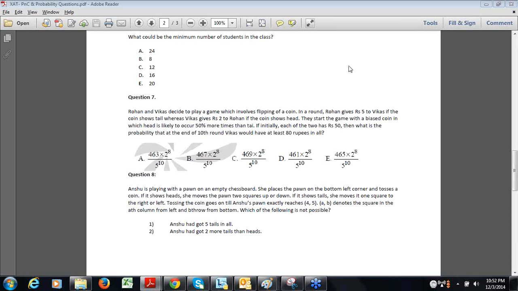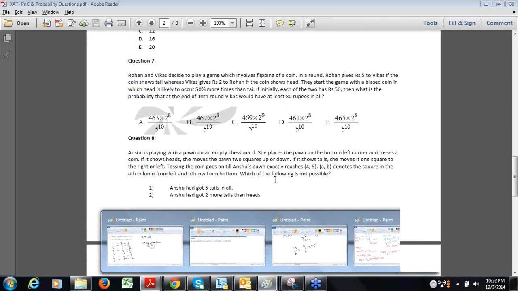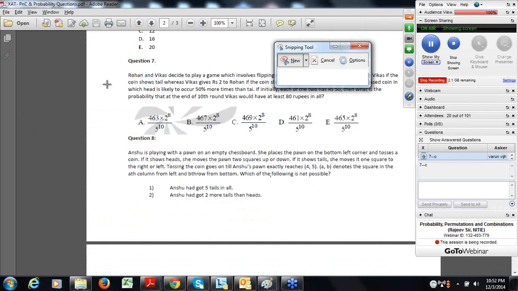Okay guys, time is up. So let me explain question number 7 and question number 8. So question number 7 says Rohan and Vikas decide to play a game which involves flipping a coin.